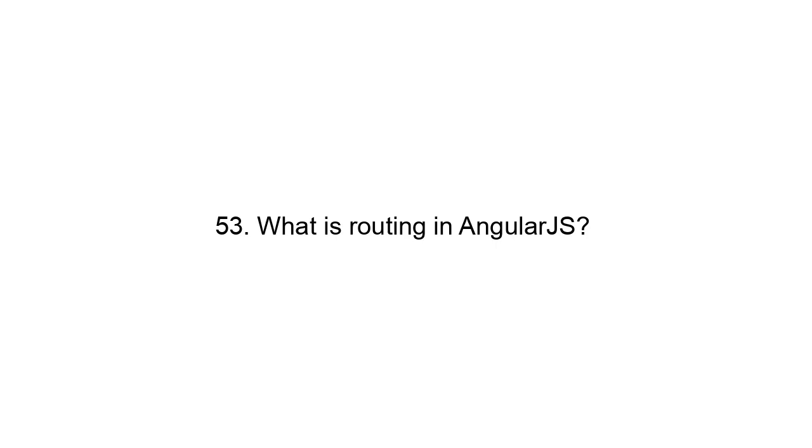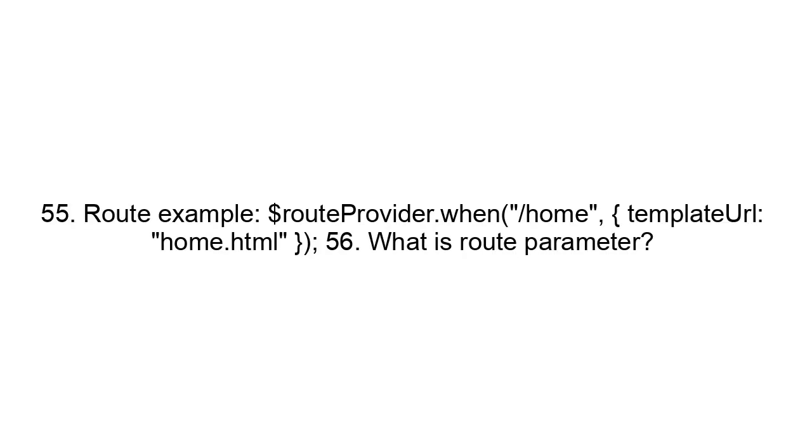53. What is routing in AngularJS? Navigation between views, pages. 54. What is ngRoute? AngularJS routing module. 55. Route example: $routeProvider.when('/home', { templateUrl: 'home.html' }). 56. What is route parameter?